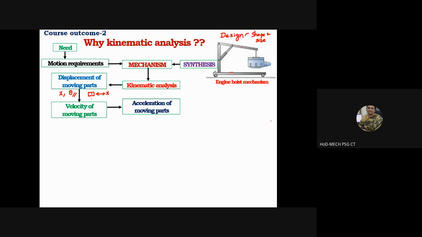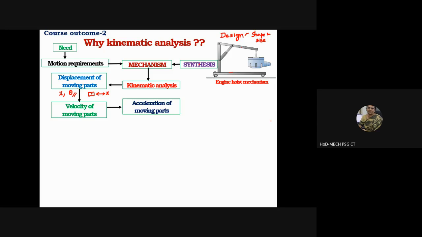And the coupler of a 4-bar mechanism that connects the input and output, or the connecting rod of a slider crank mechanism, will have both linear motion, translation, and rotation, which is called combination motion or complex motion. We will see that later on again.